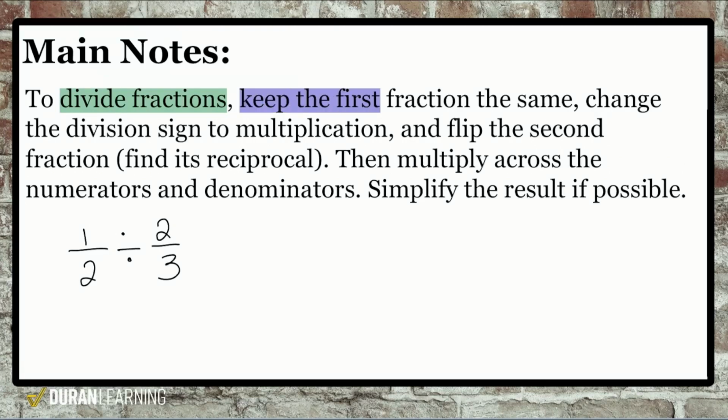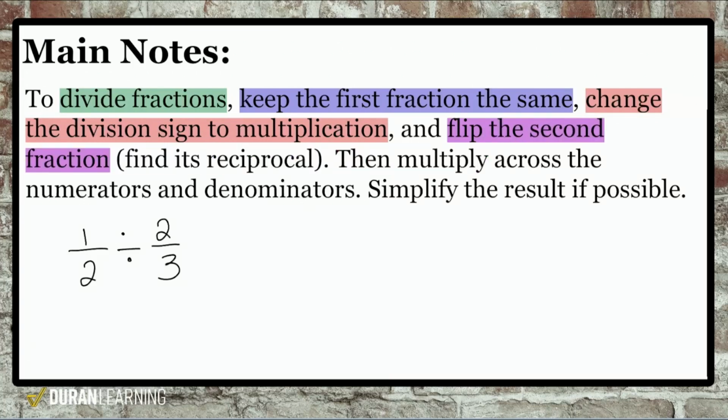We're going to keep the first fraction the same, change from division to multiplication, and then flip the second fraction. In other words, take the reciprocal. Let me show you what that looks like. We keep the first fraction the same, so 1/2. We change from division to multiplication, and then we flip right over here.